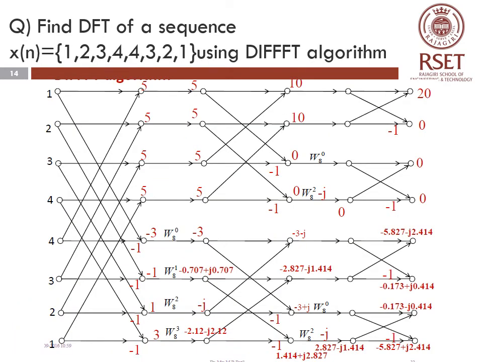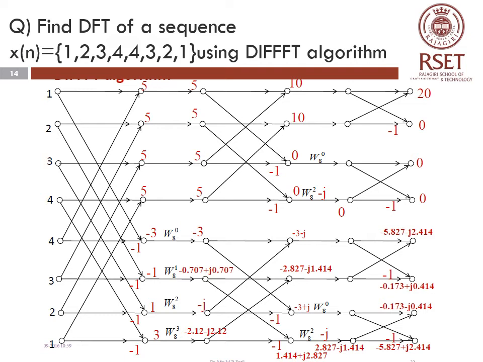Next we are going to see another problem, to find the DFT of a given sequence with N values in the input sequence, that is 1 2 3 4 4 3 2 1, using decimation in frequency. First we have to draw the butterflies. Then we have to find the values of the required twiddle factors, W8 raised to 0, W8 raised to 1, W8 raised to 2 and W8 raised to 3.